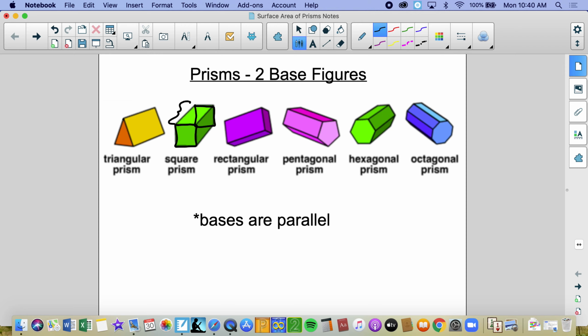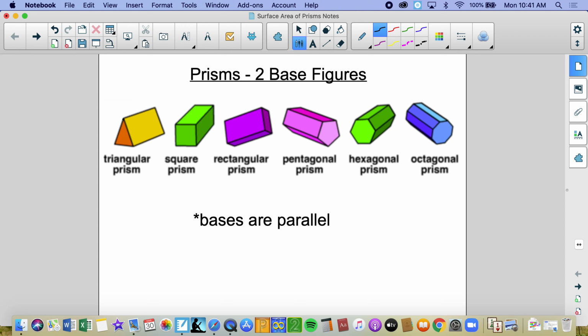The height's always going to be the distance between the 2 bases. And if we did the top and the bottom, then the height would be the distance between the 2 bases. And if we did the left and the right, the height would be the distance between those.